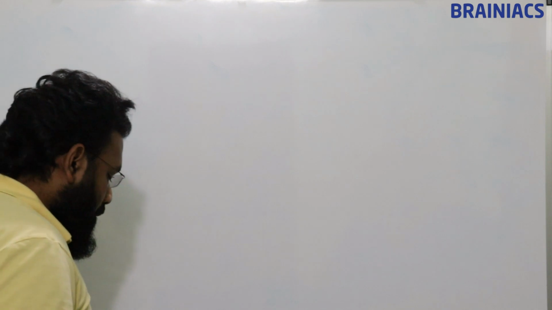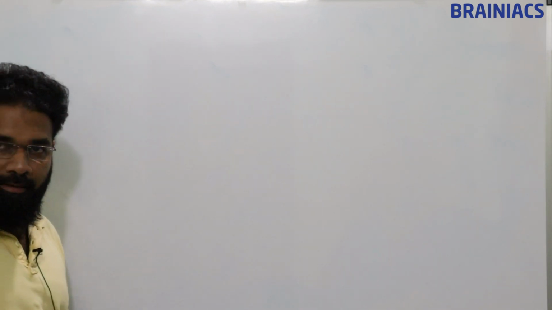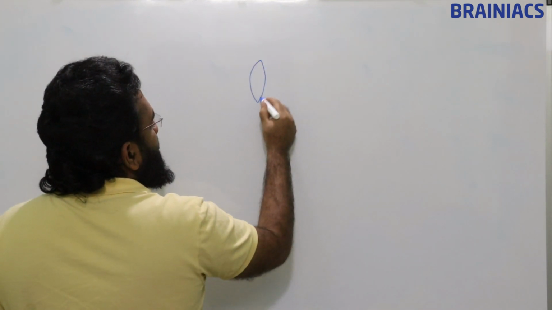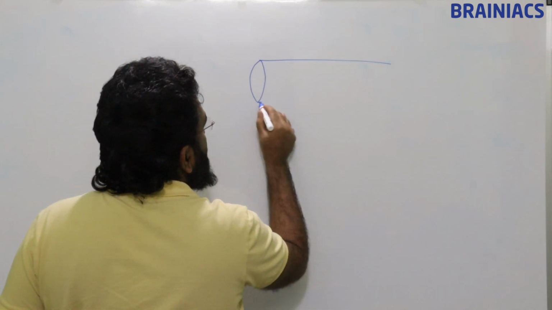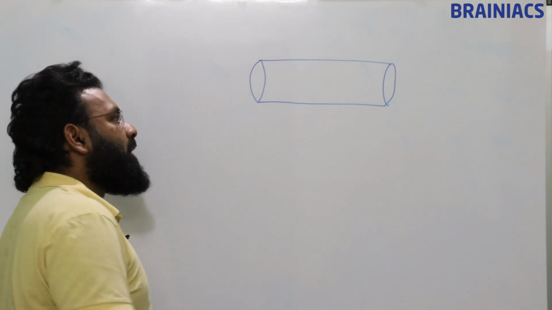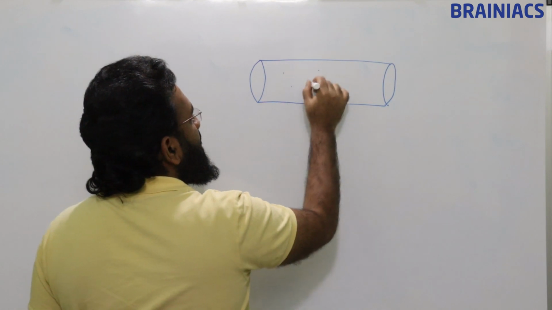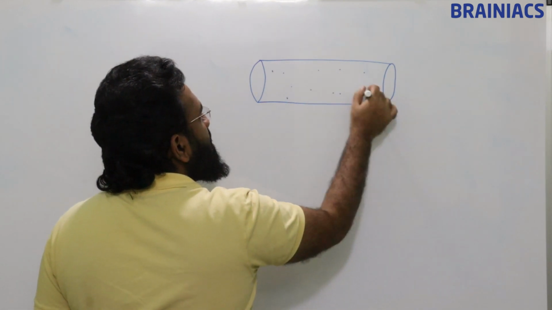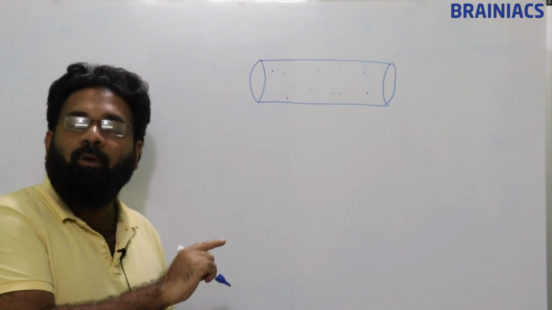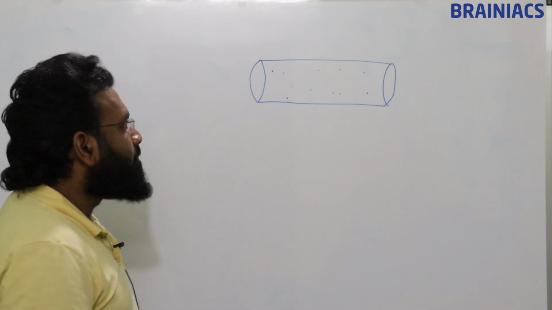Now, what will make a conductor carry current? That we'll see now. A conductor which has a lot of free electrons is generally in random motion with the thermal velocity, and does not give us any current.